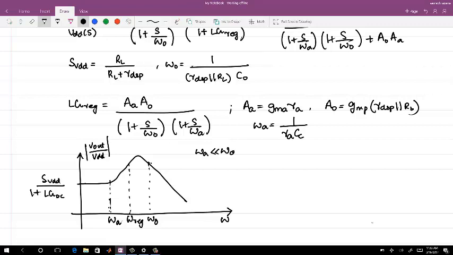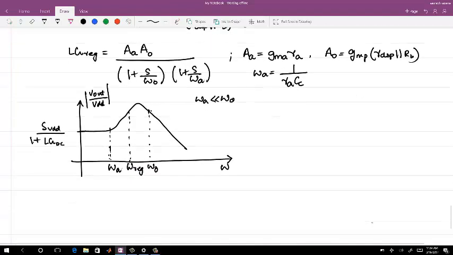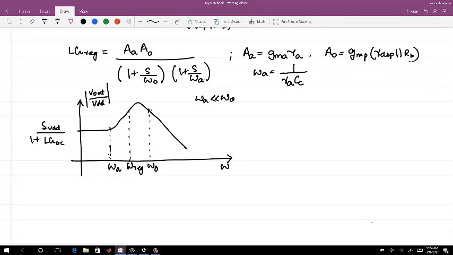So this is the transfer function which you will see from VDD to V out. V out is the control voltage of the oscillator. And from the control voltage of the oscillator to phi out, the phase output. Is there any question with this? This is just a sheer calculation.